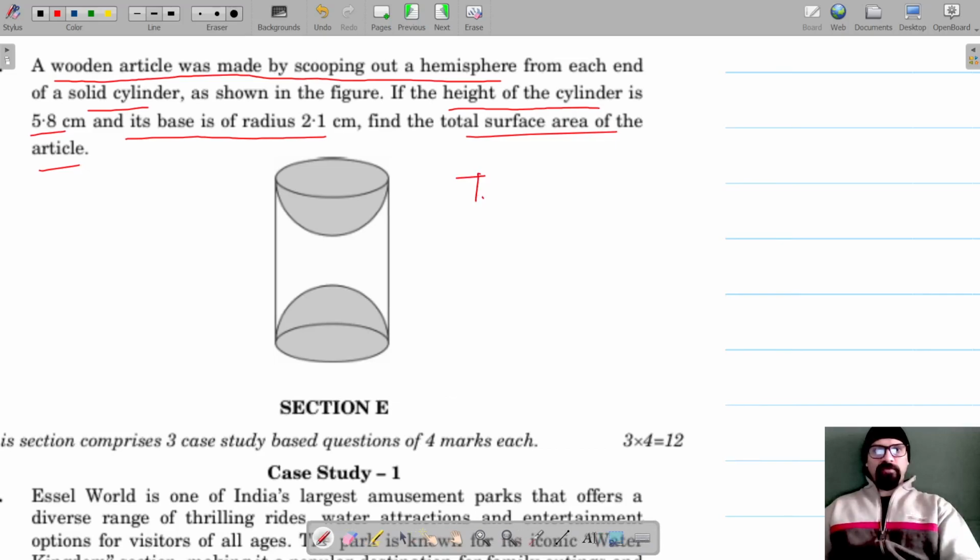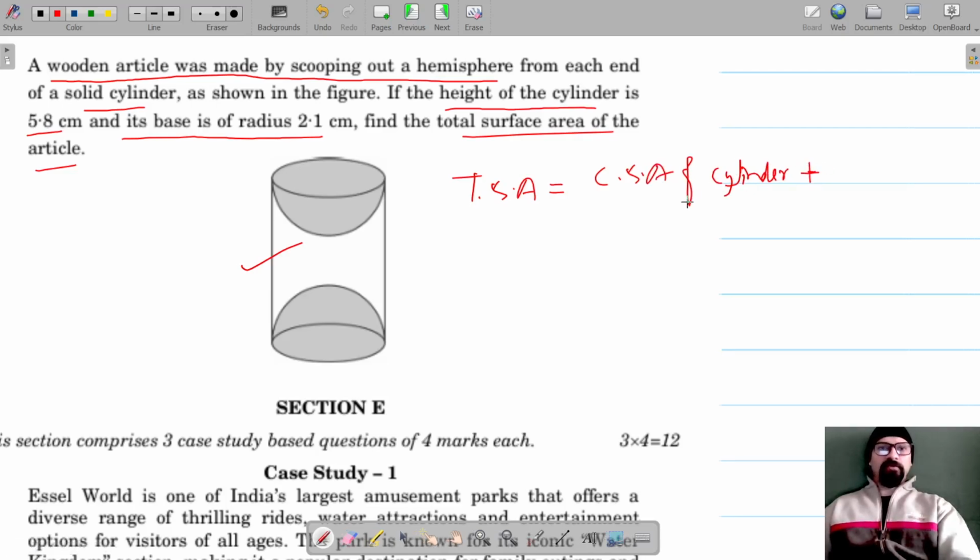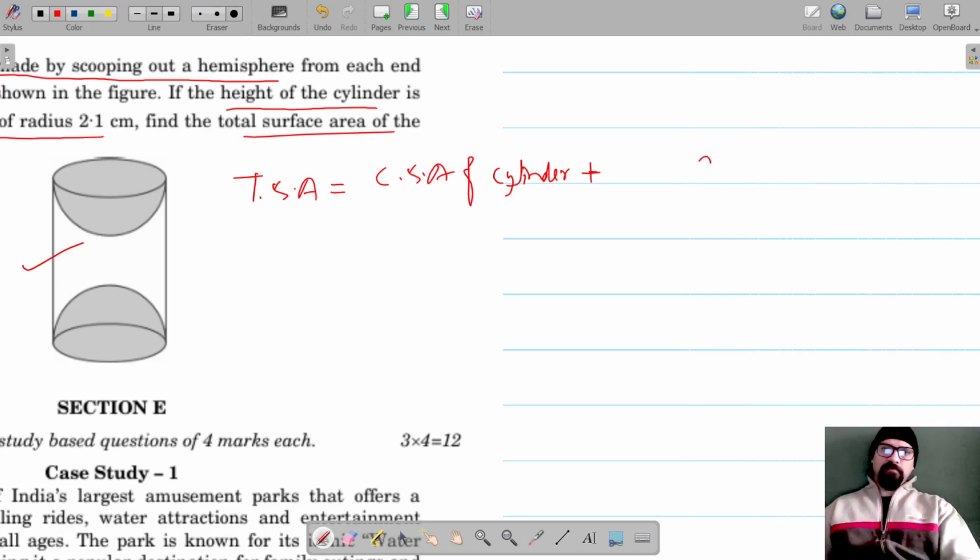So the total surface area of the article is the curved surface area of the cylinder plus curved surface area of hemisphere plus curved surface area of hemisphere. And because we have two hemispheres, let's multiply them with 2.